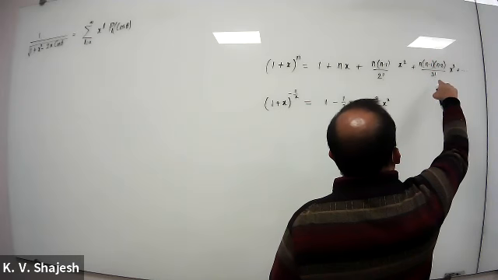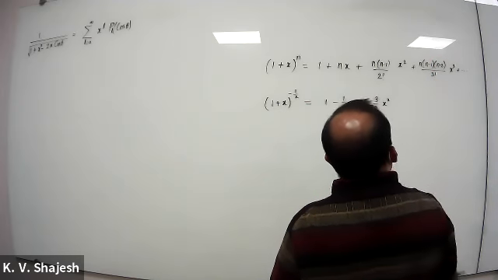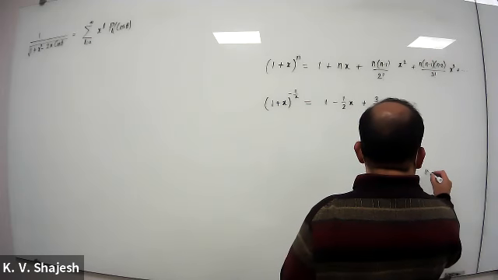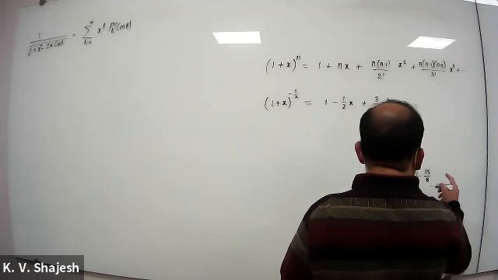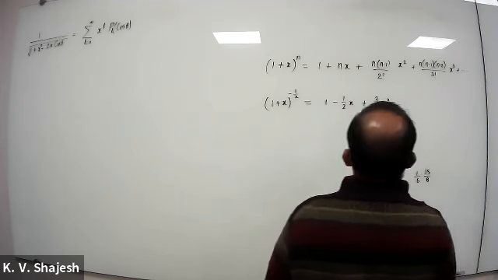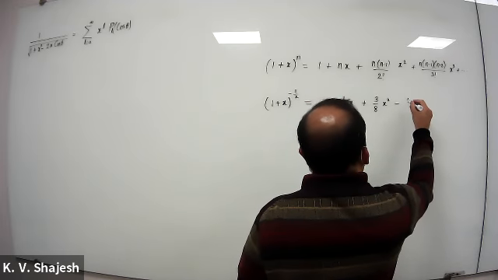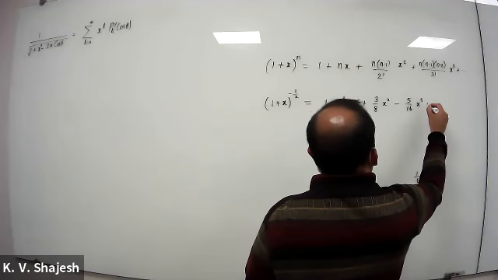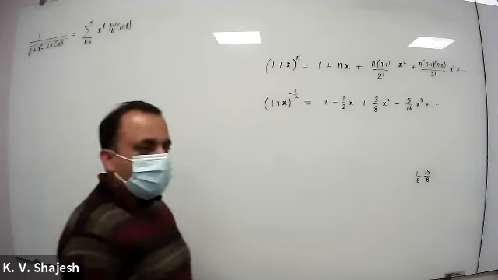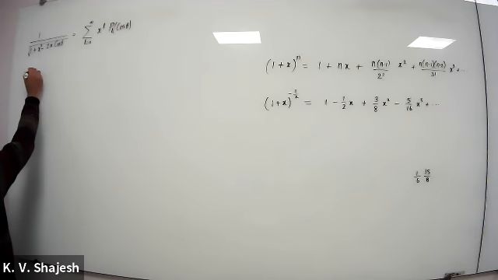That's 15 over 8, divided by 6. So 3 cancels out, so it's 5 over 16. The next one will be minus, so minus 5 over 16 x cubed. That's your series.